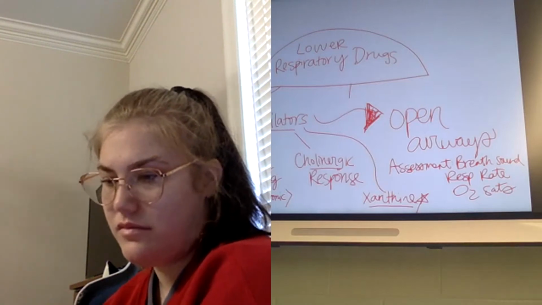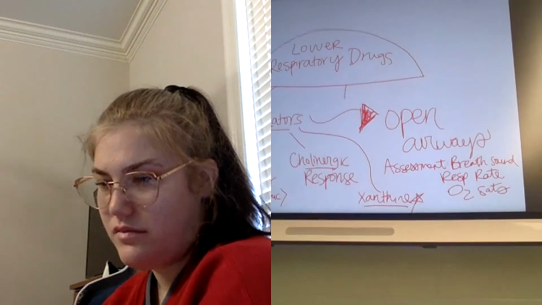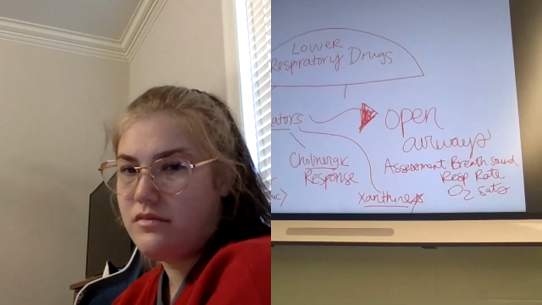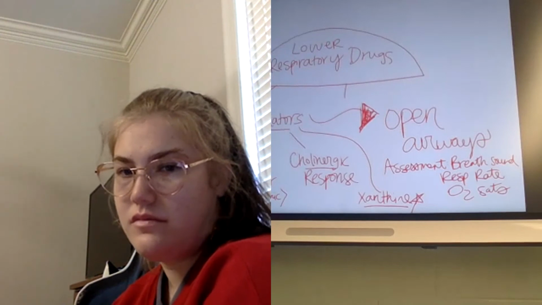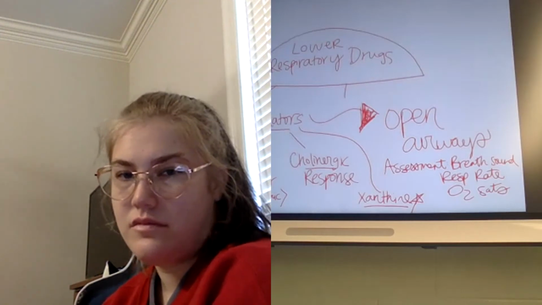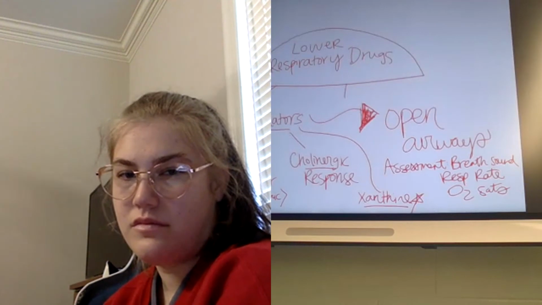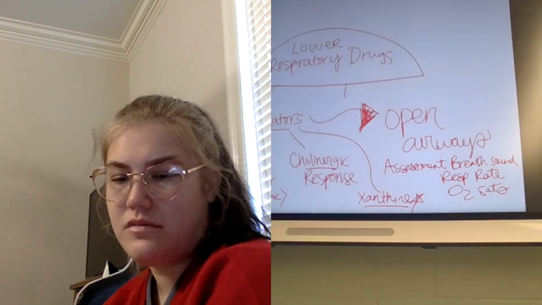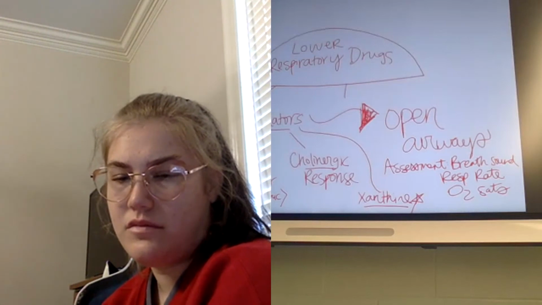So why would a patient, I don't think I've ever taken care of a patient on a xanthine derivative. But why would that be a good drug for some people? If we have all these other drugs, why might we use something that we know is a little more dangerous for them?